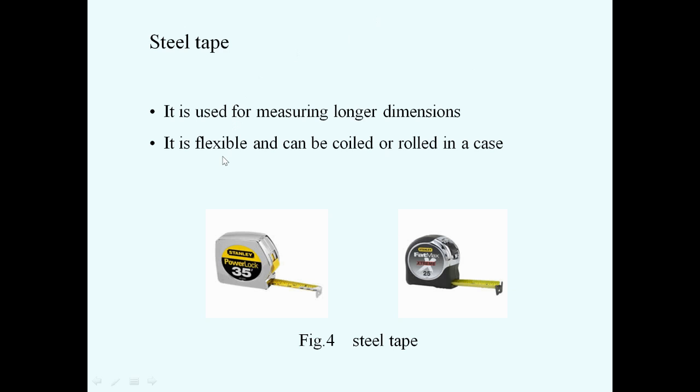The steel tape is flexible and can be coiled or rolled in a case. Within a case, this steel tape is coiled. It ranges from 0.6 meters to 2.5 meters. That is the range of the steel tape.